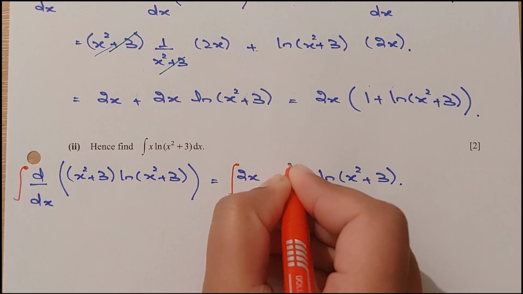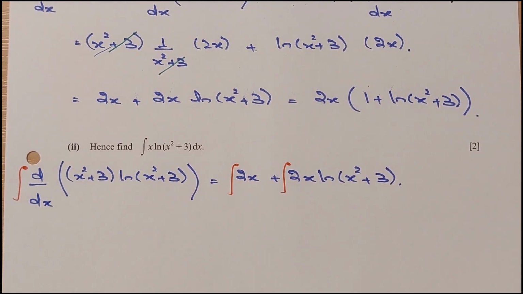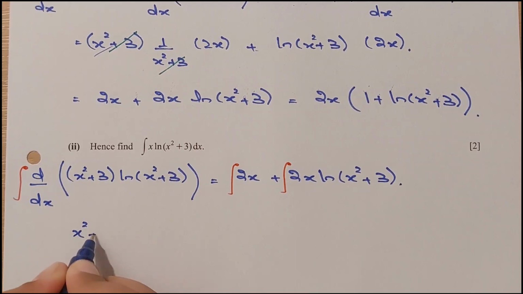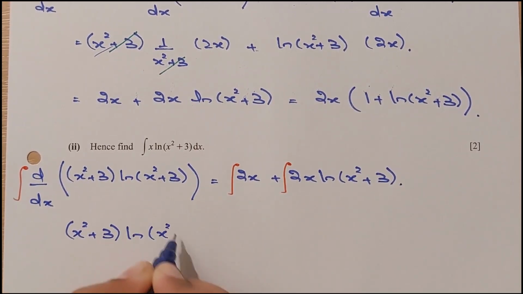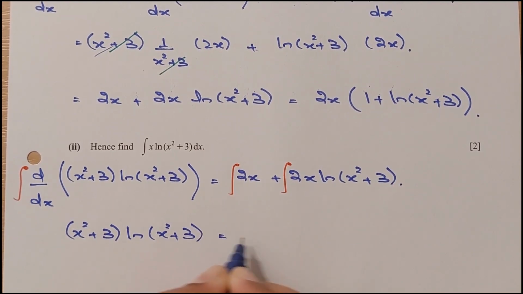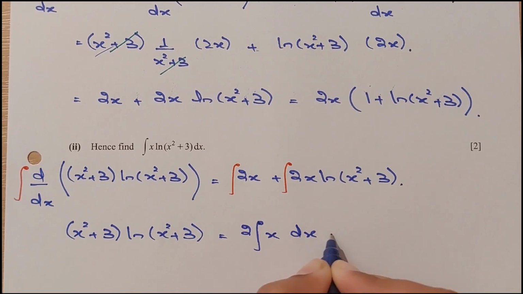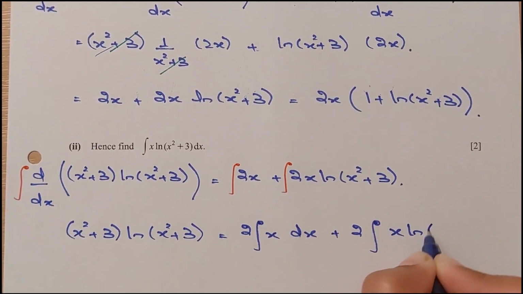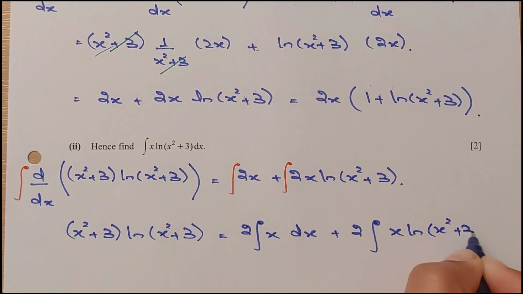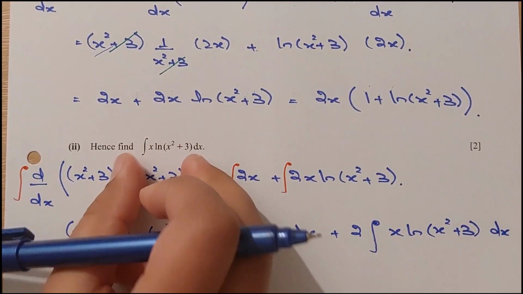The derivative and integration cancel, so here we have (x square plus 3) natural log of (x square plus 3) equals 2 integration of x dx, plus 2 is outside, integration of x natural log of x square plus 3 dx. So we have to solve this basically.